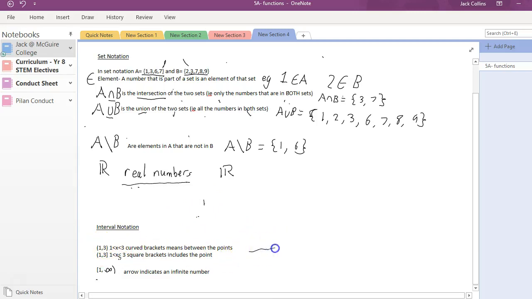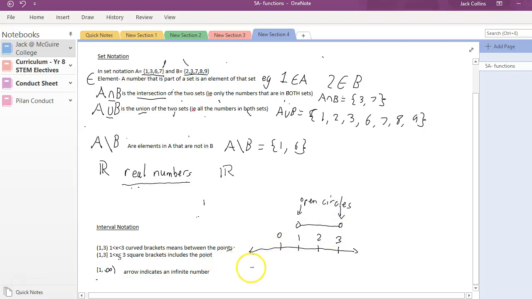That actually stands for, if I was drawing out a number line, and obviously you use a ruler here, you got 0, 1, 2, 3, and it will carry on either end. 1, 3 would indicate that the line starts at 1, includes everything up to 3. Now the curved bracket means that it's between these 2 points, so you need to have open circles to indicate that it doesn't include 1 or 3.